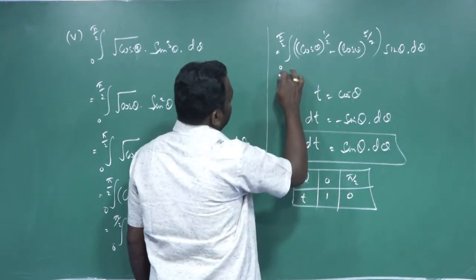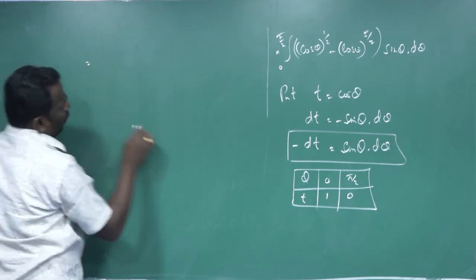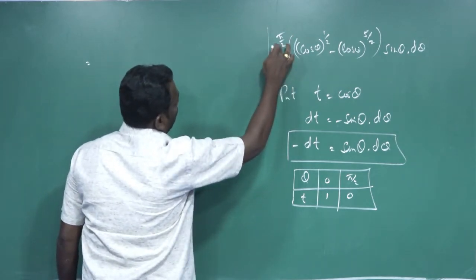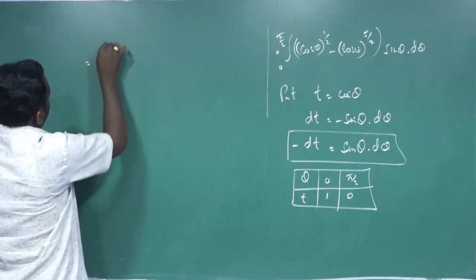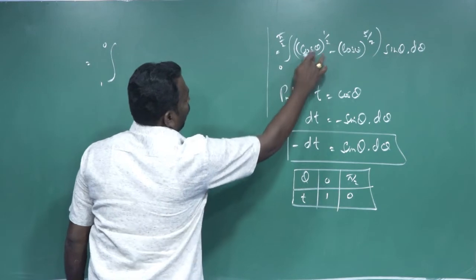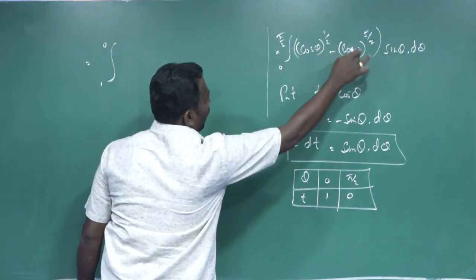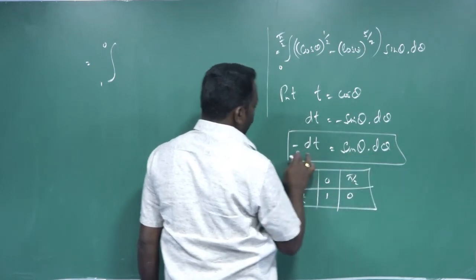Now substitute in the last integral. Therefore the last line is equal to, instead of the integral 0 to pi by 2, we write 1 to 0. Integral 1 to 0. Then cos theta is considered as t, therefore t power 1 by 2 minus t power 5 by 2, and sin theta d theta is equal to minus dt.